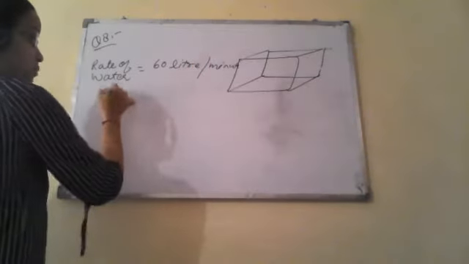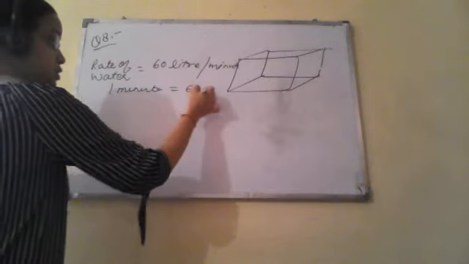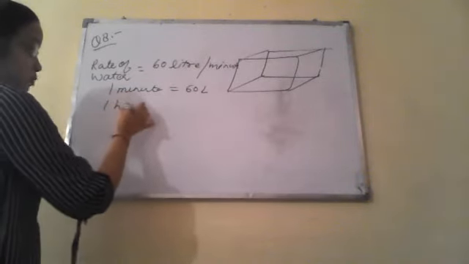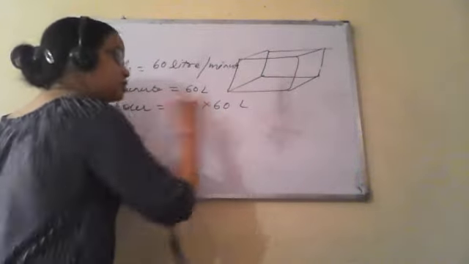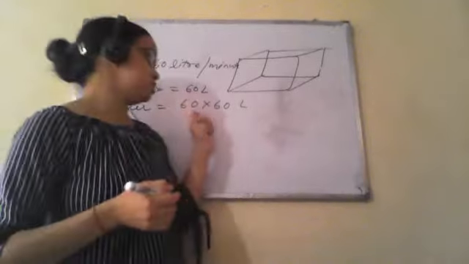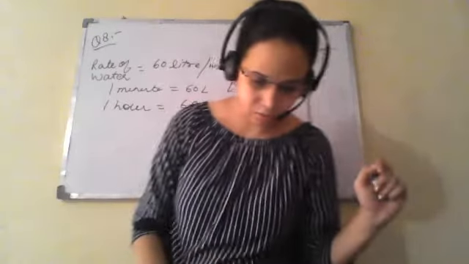In 1 minute it is pouring 60 liters of water. So in 1 hour how much water will it pour? In 1 hour it will be 60 into 60 liters because in 1 hour there are 60 minutes. So in 1 hour it will pour this much water in cuboidal reservoir.